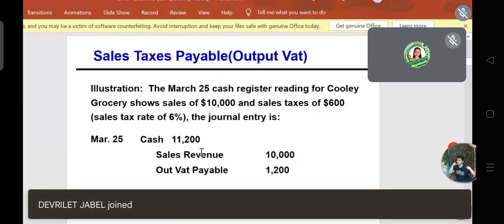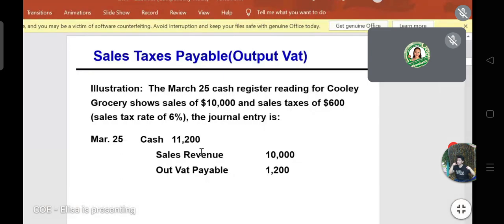For example, when we eat at Jollibee, a part of that is input VAT, and we use the certificate to support it. What we remit to the BIR is the difference between the output and the input. So in total, what we are paying is 1.2 for this matter, or the 1.3 in the example. Follow, people?